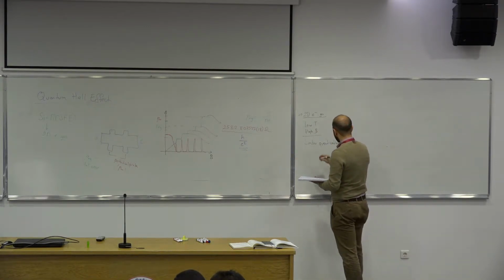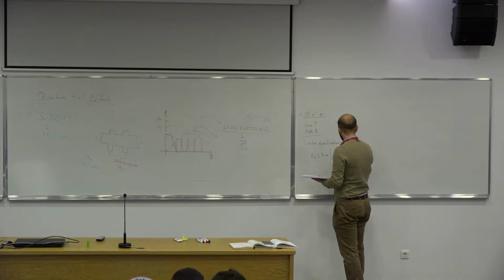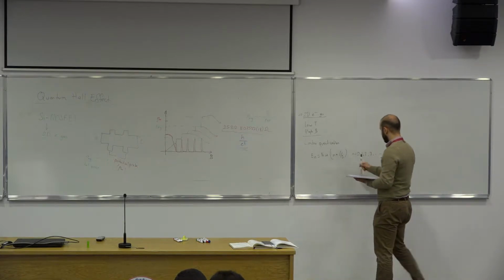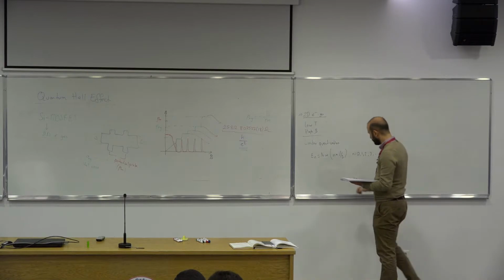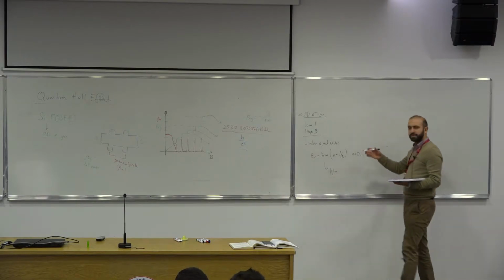The energy levels are given by h bar omega (n plus 1/2), where n starts from zero, and these are the indices of each Landau level. And then each level contains a number of states.